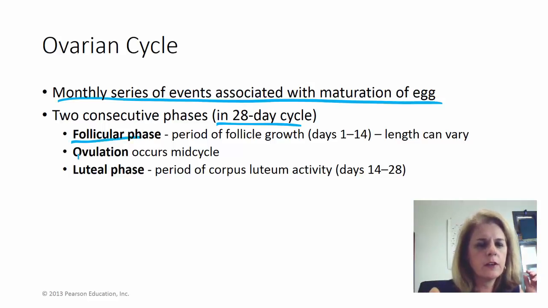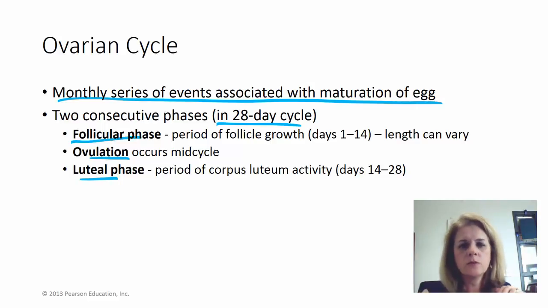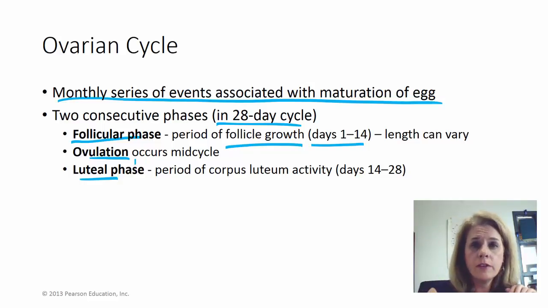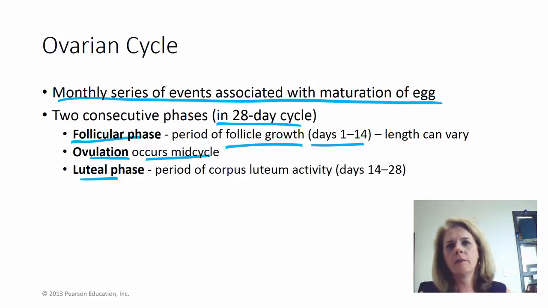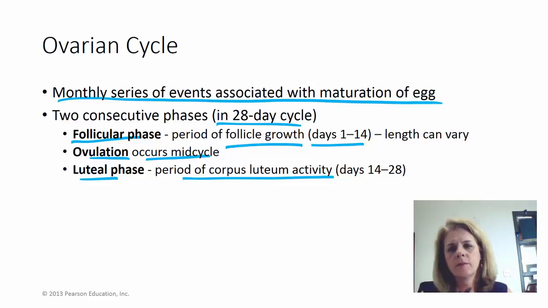The follicular phase is when the follicle grows, and it takes about 1 to 14 days, and it can vary a little bit. Ovulation occurs in the middle of the cycle. And then the luteal phase is when the corpus luteum is active, from days 14 to 28. So the first half is the follicular phase, you ovulate, and then you're in the luteal phase.